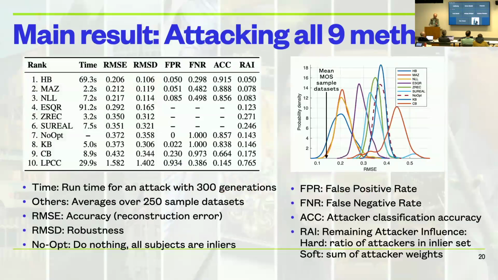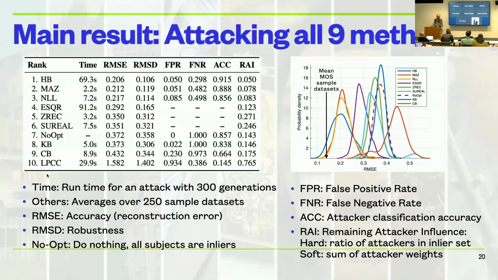Now here's a table for the main result, attacking all the 9 methods that we have in our list. So this goes from the entropy-based, H is entropy, the mean absolute z-score, the NLL, ESQR, and so this is ranked according to the root mean square error. So the top one is the best one.